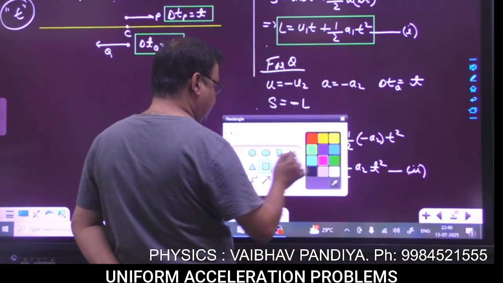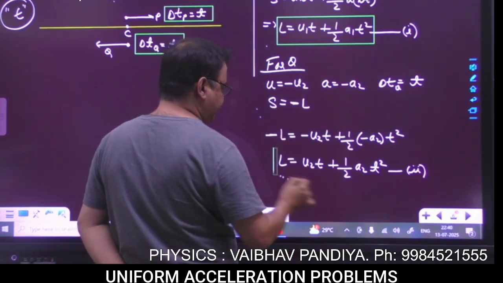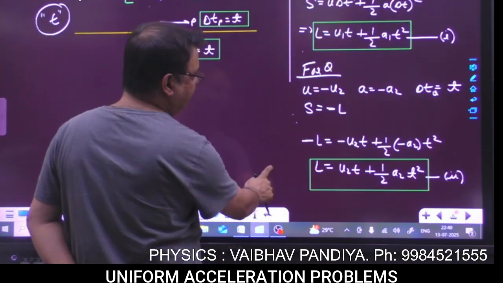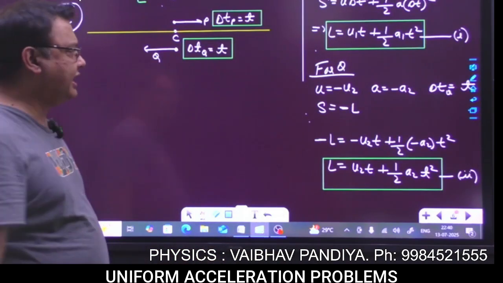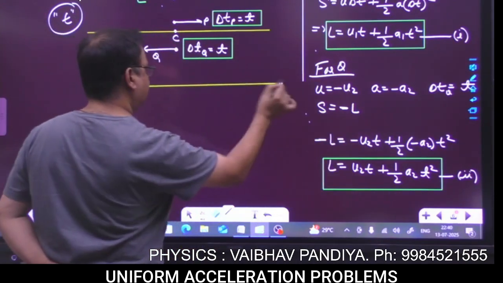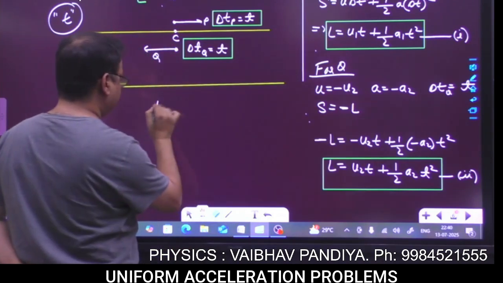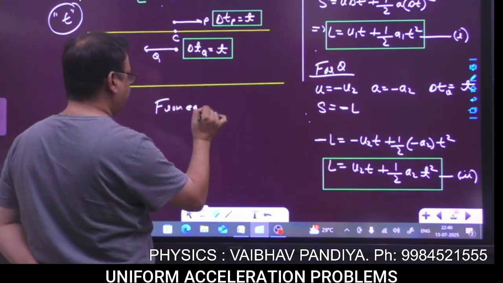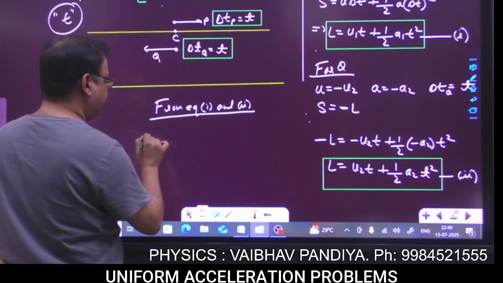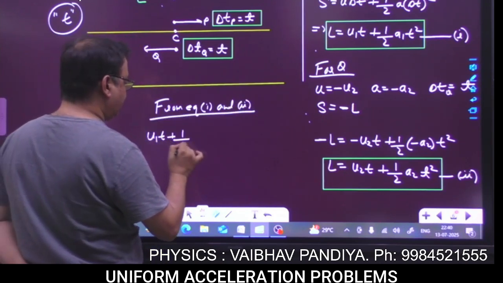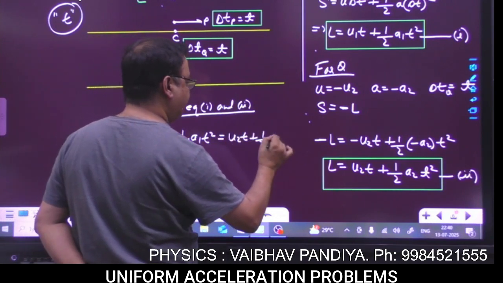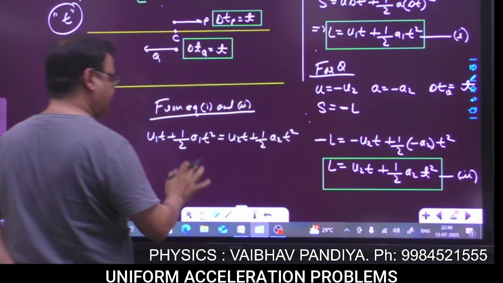Let it be equation number 2. Got it? Now from these two equations, you can get the time. If I eliminate L, the LHS is L in both equations, so of course the corresponding RHS must be the same. So from equation 1 and 2, I will get u1 t plus half a1 t square is equal to u2 t plus half a2 t square.